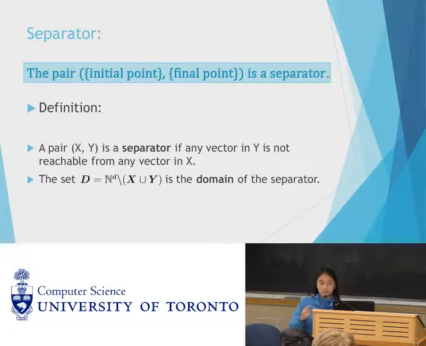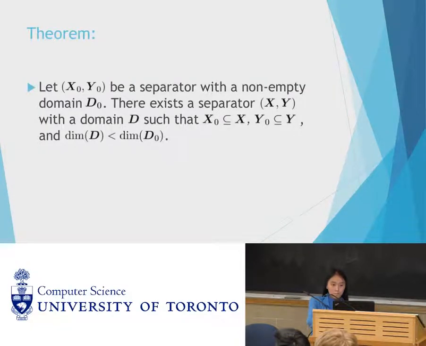Here we can put the initial point in one set and the final point in another set, and the combination of these two sets is a separator. According to this theorem, we can always span the sets in the separator to get a new separator which has a smaller domain.